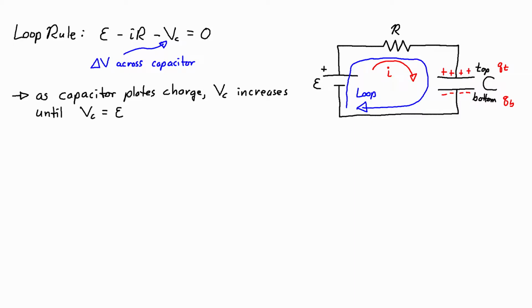And looking at the loop equation, VC can only be equal to the EMF when IR is 0, which means that the current is 0 because the resistance would never be 0. And at this point, we would say that the capacitor is fully charged.